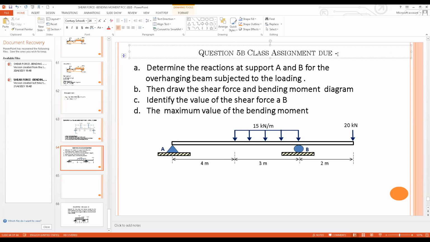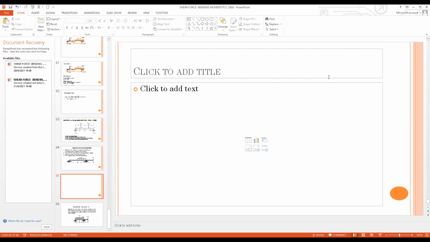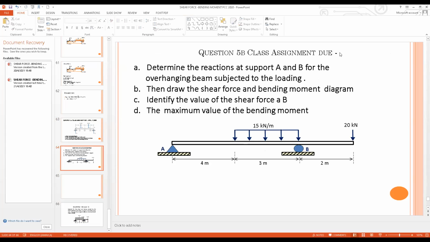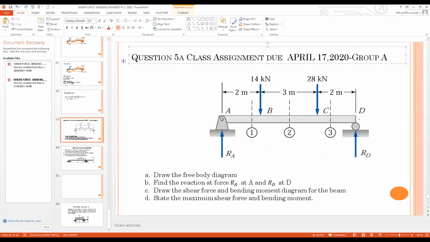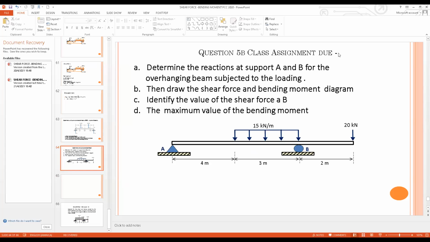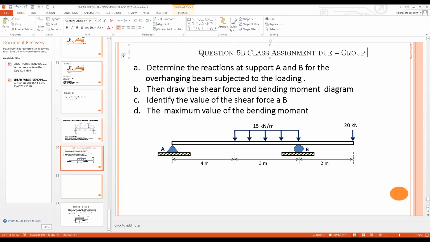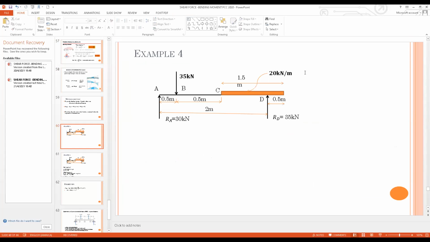Which one was yours, group A? That is group A. I know this is group A. And then this one here was group B, correct? So that's group B. So let me see if I have them right now. I can label them.